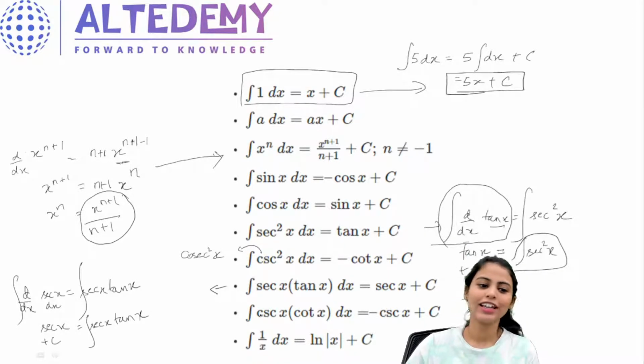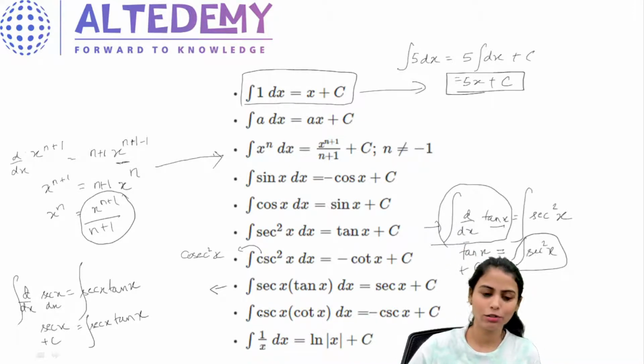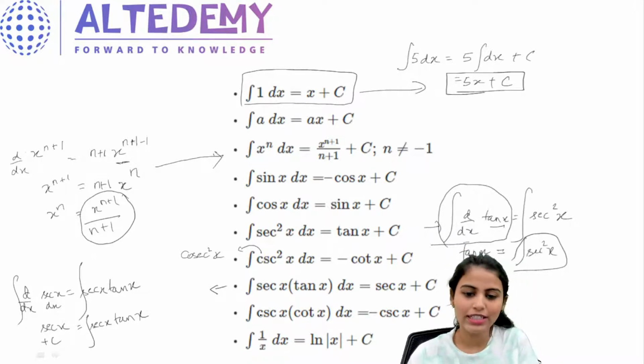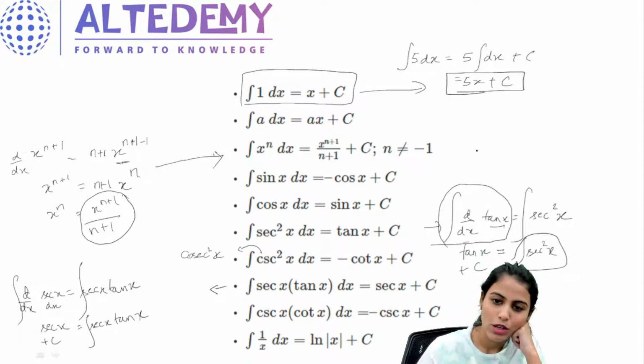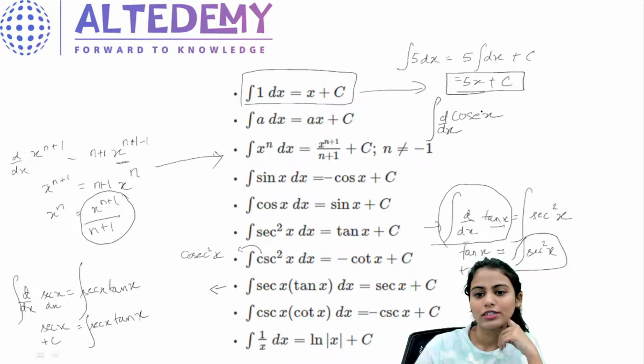Okay. So where we were, sec x tan x. So I told you this. Now we have cosec x, cot x. So I told you cosec x. Integrating d by dx of cosec x. Okay. Now what will be the differentiation of cosec x?